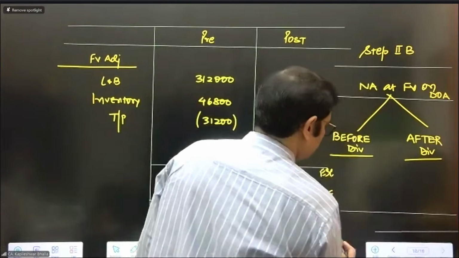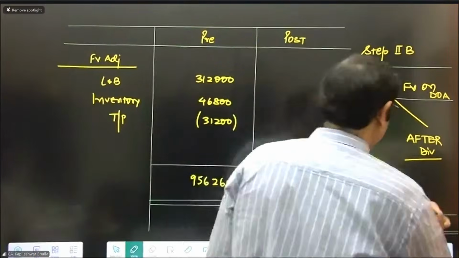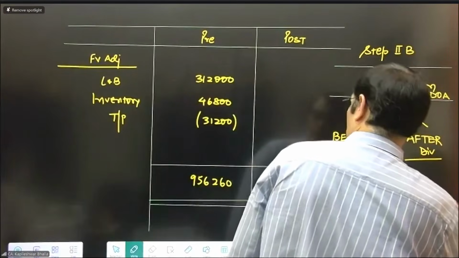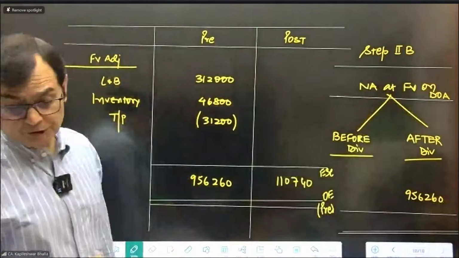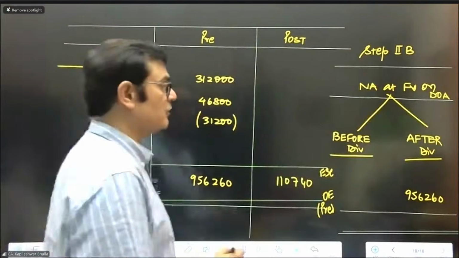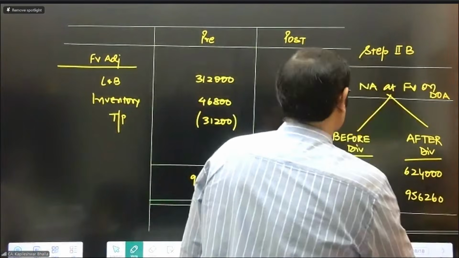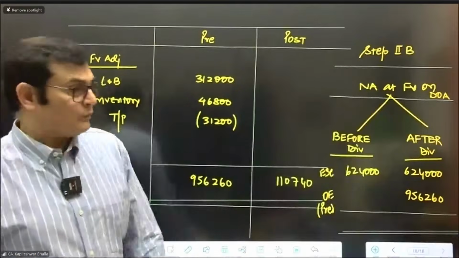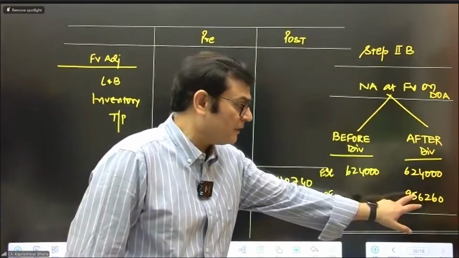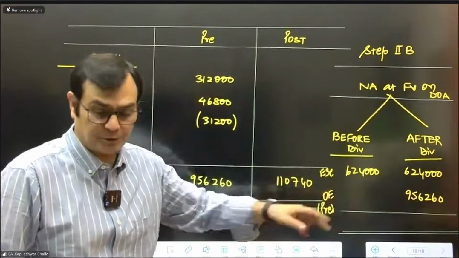Let me just pick up the data. This is 956,260, and the equity share capital of the subsidiary is 624. So equity share capital plus the other equity which you got from the analysis. Now this figure is after dividends. Let's just add back the dividends here to get this information.